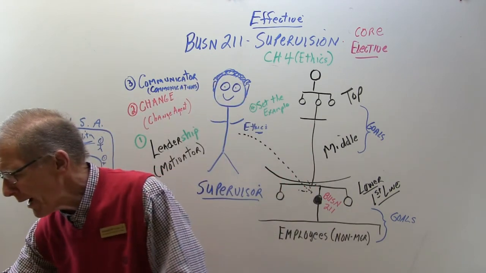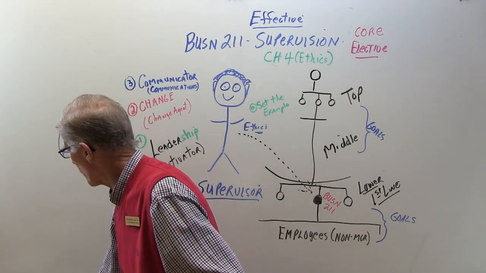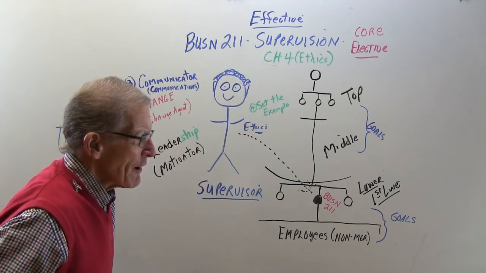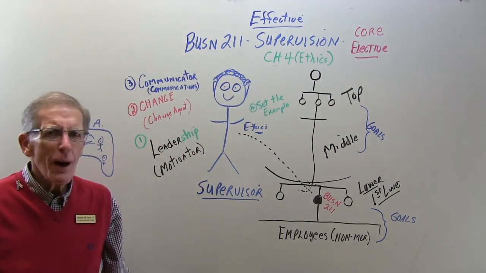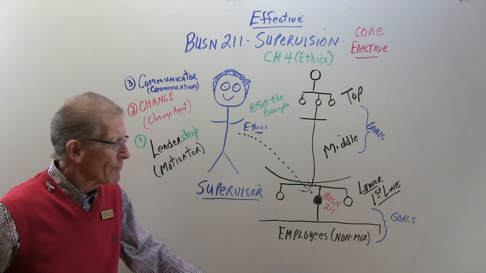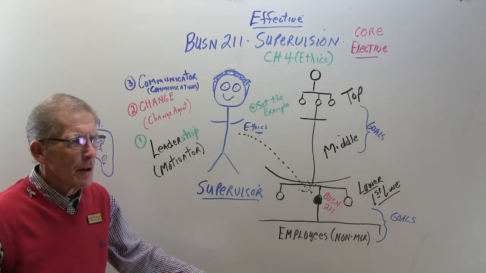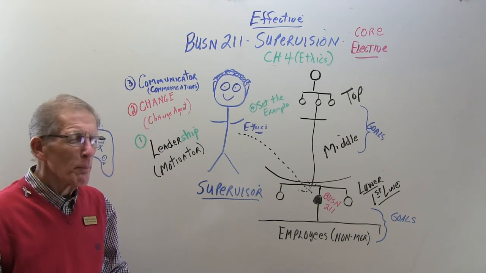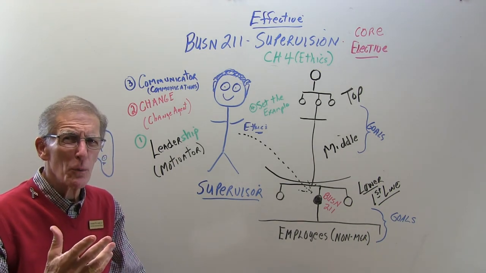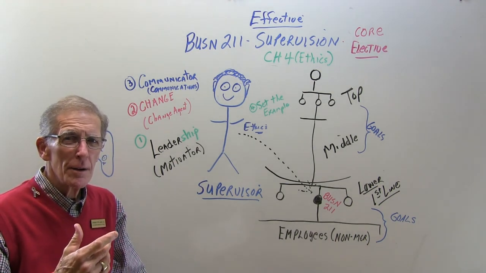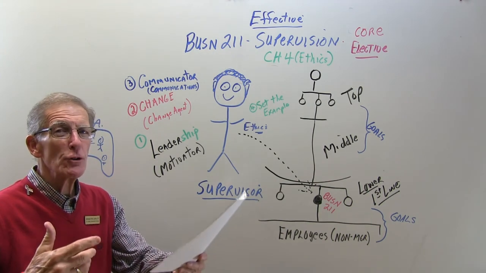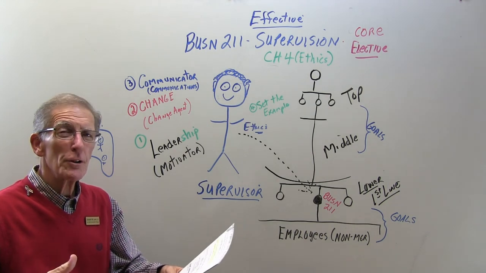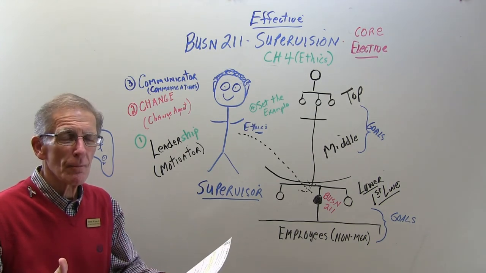Okay, let me sit down here and let's talk a couple of minutes about this. Should you act ethically? Do you want other people to act ethically? Do you want businesses that you do business with to act ethically, to treat you ethically, to treat you fairly, to do what is right?